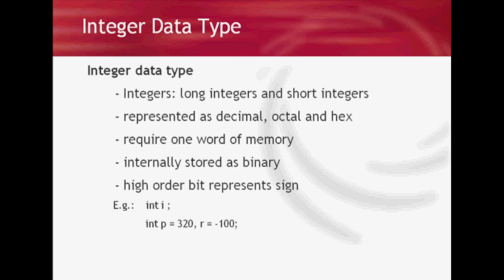If you want to define multiple variables, you can do it by separating the variables with a comma. The second example shows declaration as well as initialization of a variable. int p is equal to 320 and r is equal to minus 100.